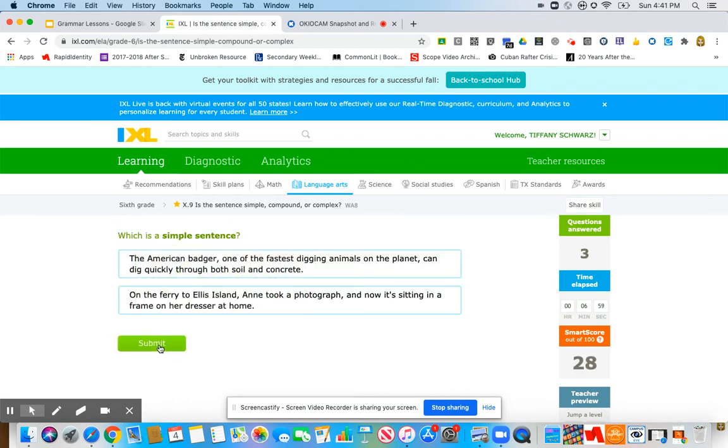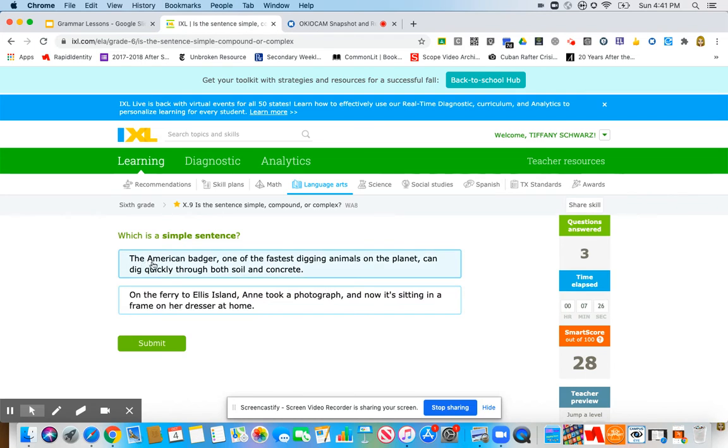Okay, another simple sentence we're looking for. The American badger, comma, one of the fastest digging animals on the planet, comma, can dig quickly through both soil and concrete. Or, on the ferry to Ellis Island, comma, Anne took a photograph, comma, and now it's sitting in the frame on her dresser at home. I have a comma and a fanboy, and I have two independent clauses here.